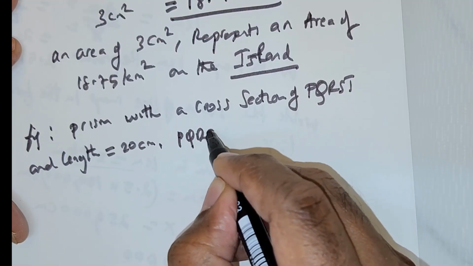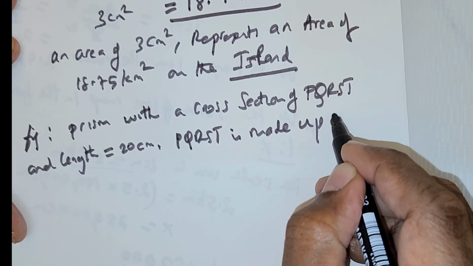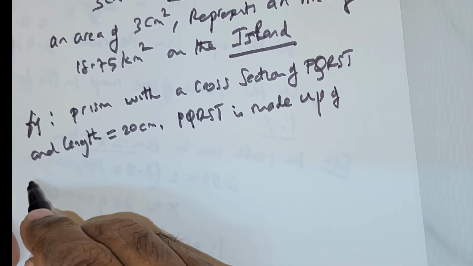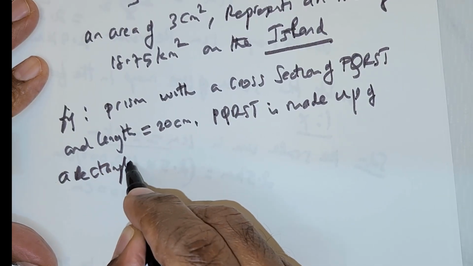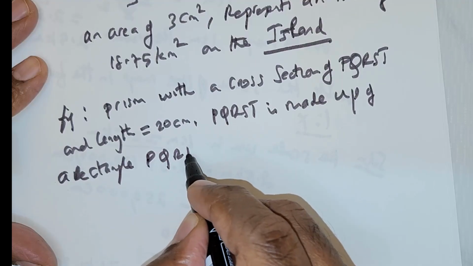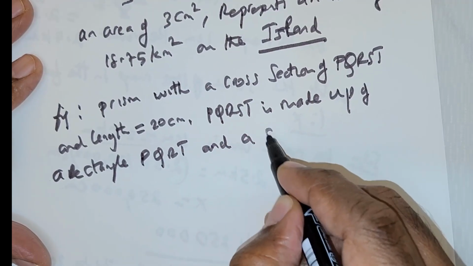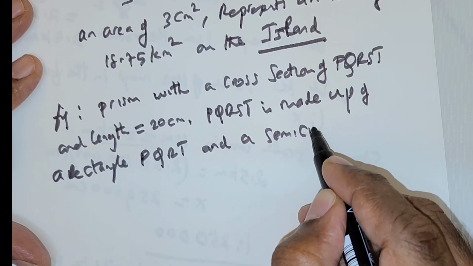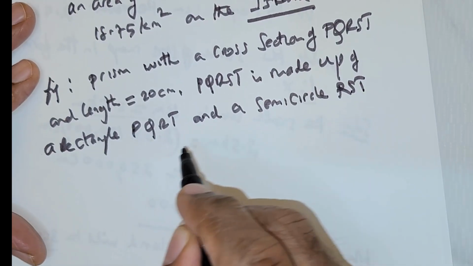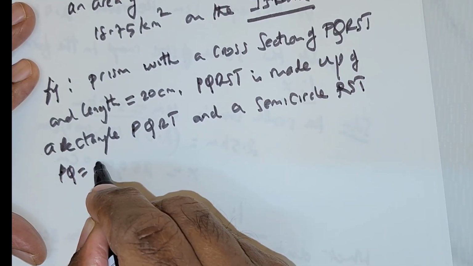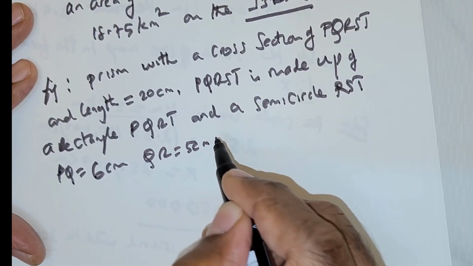Now PQRST is made up of a rectangle, PQRT, and a semicircle, RST, with PQ is 6 cm and QR is 5 cm.